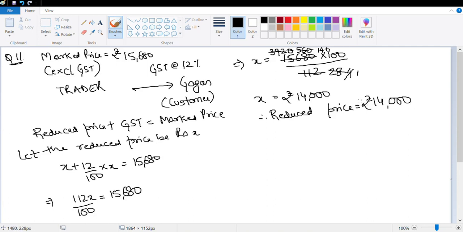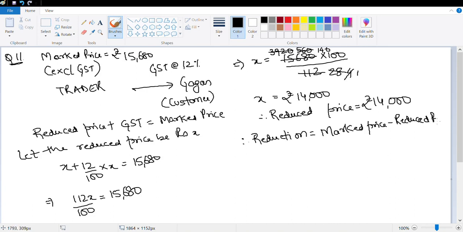Like I've shared earlier, it's a good habit to read the question one more time, to find the required reduction. They don't want the reduced price, they want to know the reduction. Therefore, reduction is equal to marked price minus reduced price. So how much is he reducing it by?